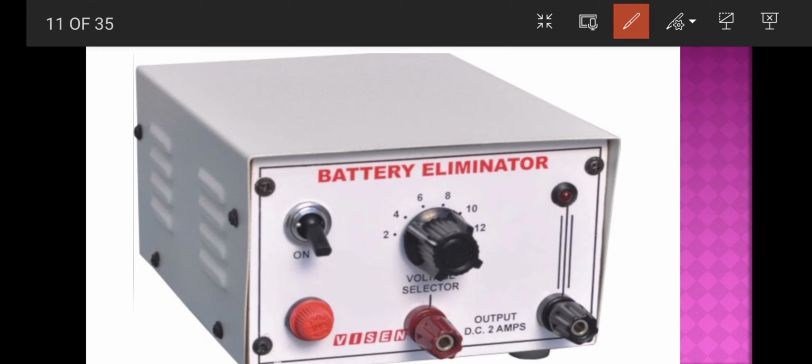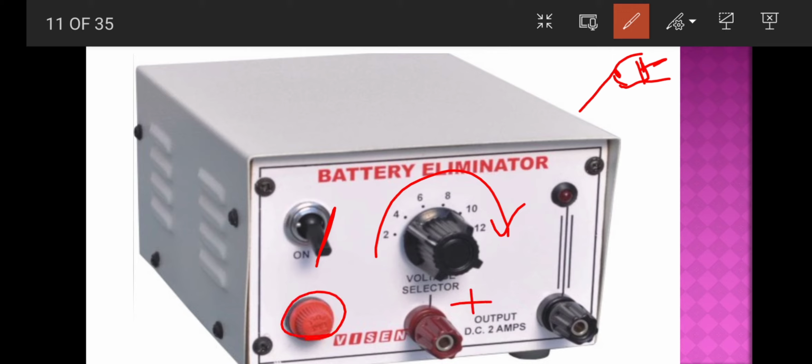Next, this is a battery eliminator. It has a cord which you can plug into the supply. Here we have an on and off switch, and you can vary the voltage; from 2 to 12 volt you can select and give. And this is the fuse.